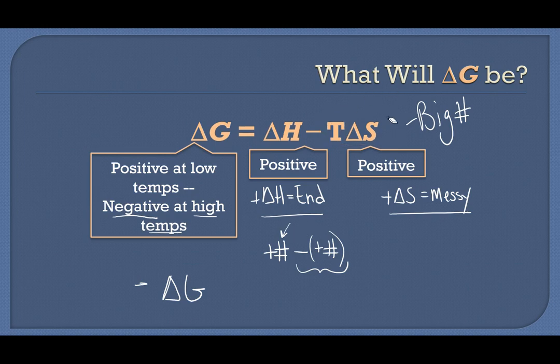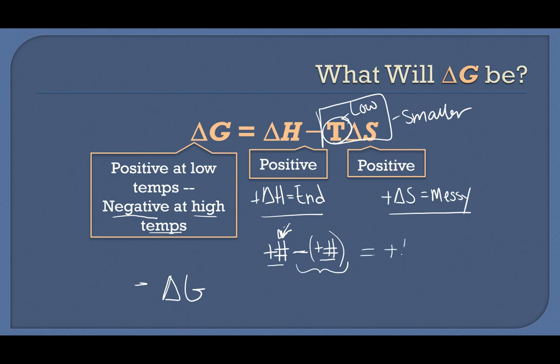If we have a low temperature, this number is going to be a smaller number. So what we'll see is we've got a positive minus a positive, but if this number of delta H is bigger, then a big number minus a little number would lead to a positive delta G. So that would be non-spontaneous at low temperatures.